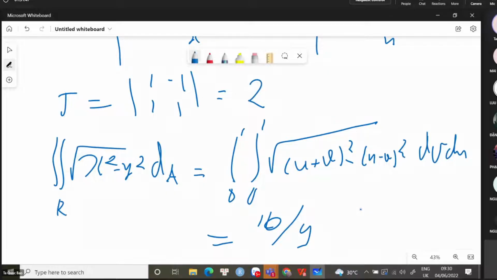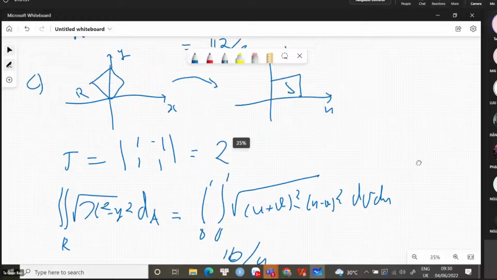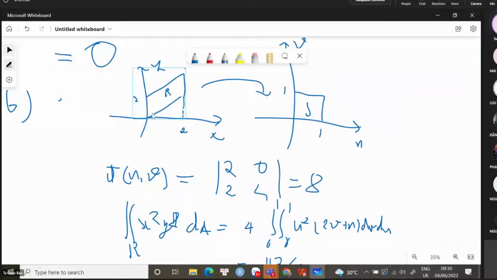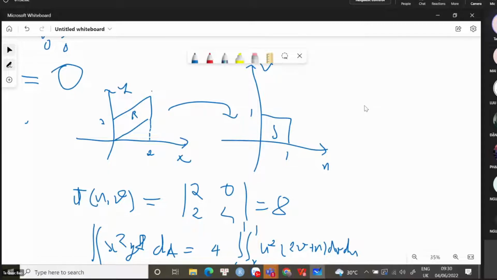Okay, so this is changing variables, the idea of changing variables. We use a suitable transformation of x and y, and then you can convert this region, which is not beautiful, to a beautiful region in the u, v coordinates.